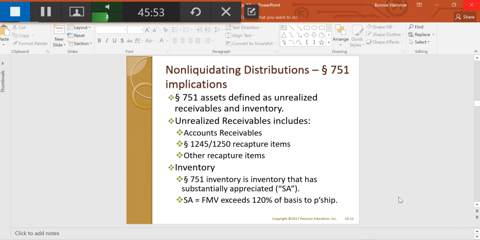751 assets also include inventory. And the definition of inventory for just Section 751 purposes is this. The inventory must be substantially appreciated. And the definition of what substantially appreciated means for 751 purposes only is that the fair market value of the inventory is greater than 120% of the basis of the inventory to the partnership, okay?